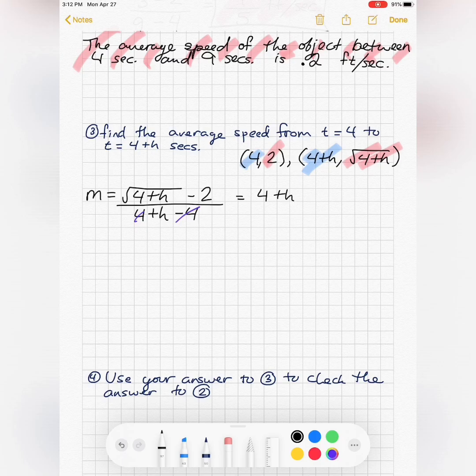And then I have to figure out how to simplify this. Okay, but I have an idea for that. So I'm going to use a trick that we're going to use several times throughout the semester, and I'm going to multiply by what is called the conjugate.